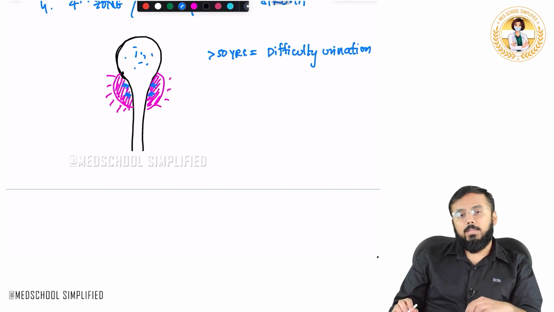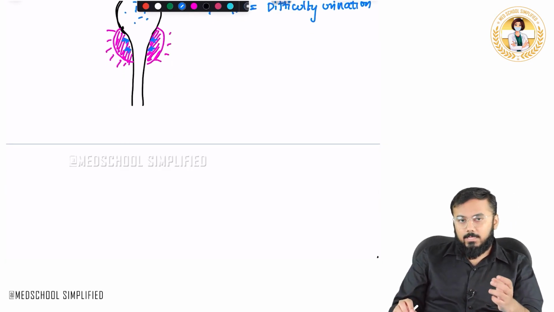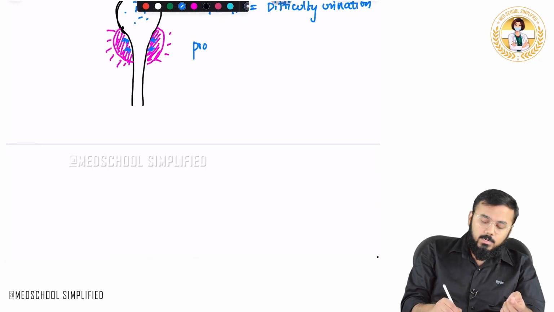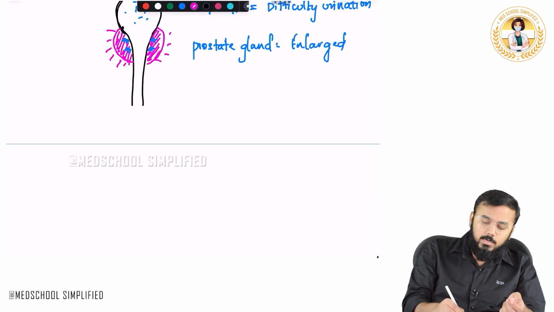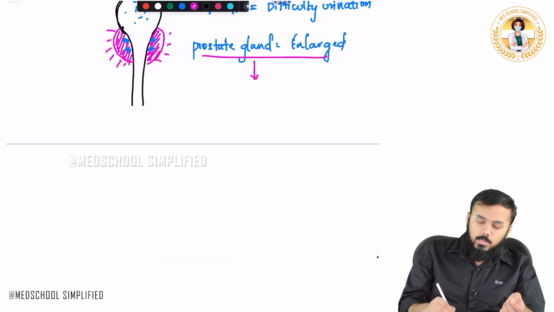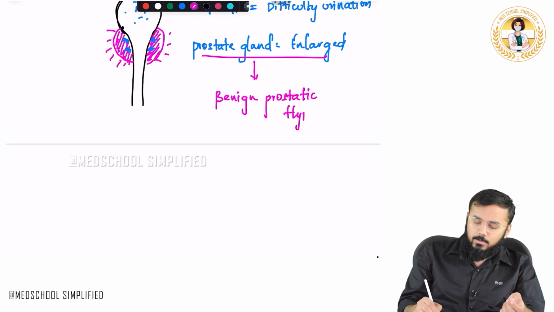This condition where the prostate gland has been enlarged is called benign prostatic hyperplasia.